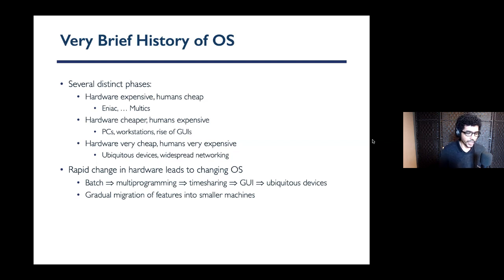This rapid change in hardware has led to changes in operating systems. As we talked about, we went from batch execution to multi-programming to time sharing to having multiple users at the same time using the device, to right now, Internet of Things, where you have multiple operating systems and multiple devices at the same time.